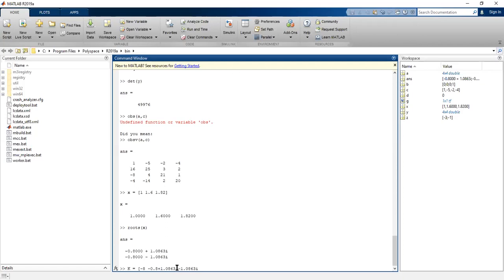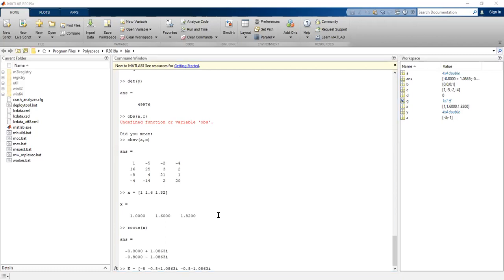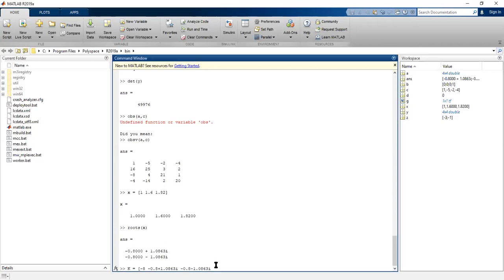Remember now, it's a 3 by 3 matrix we had. It's a second order system we just worked out, so the 2 roots of the system are negative 0.8 plus or minus 1.0863i. So we have to put in a new pole in the system that does not affect anything.